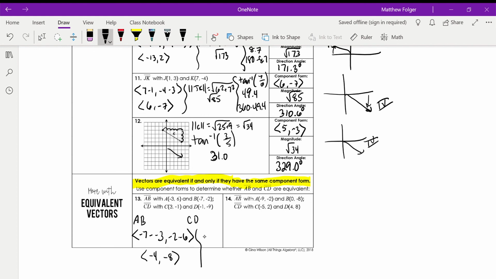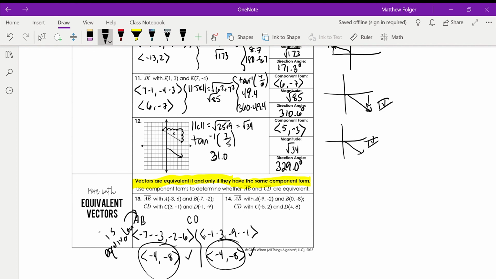CD is -1 minus 3, and then -9 minus -1. So the component form of this is -4, -8. Notice, those are the same. So AB is equivalent to CD. They have the exact same component form.